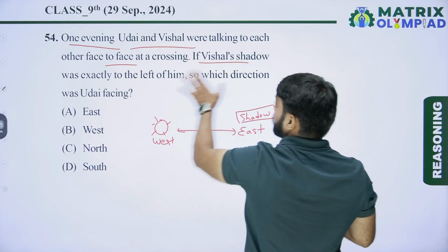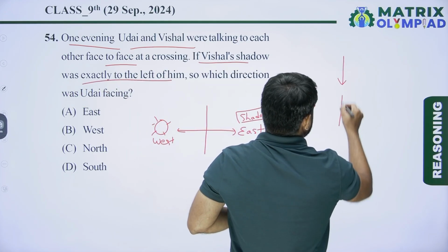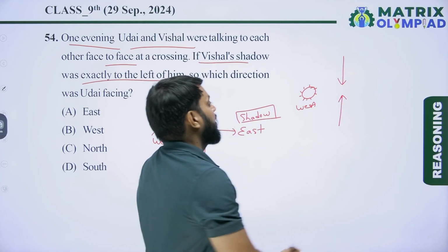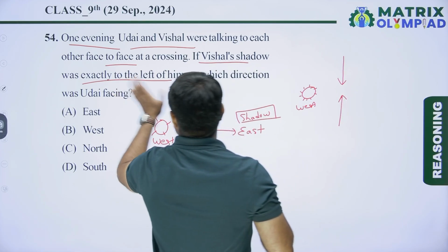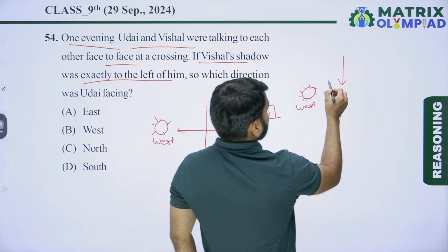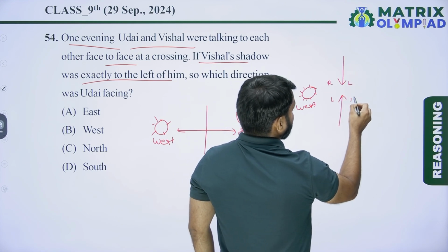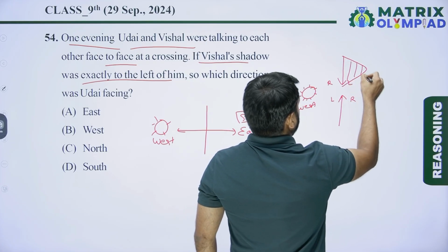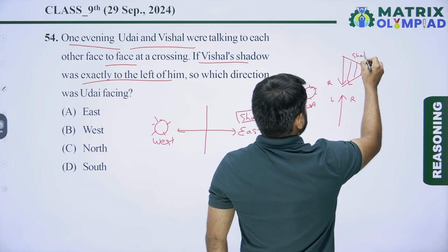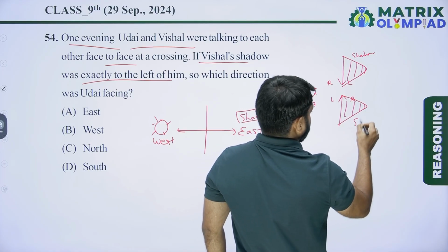If Vishal's shadow was exactly to the left of him, so this is Uday and Vishal. This is the right and this is the left of this person. Now this is the shadow of this person, and this is the shadow of this person.